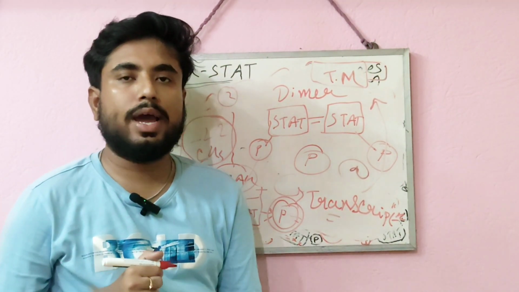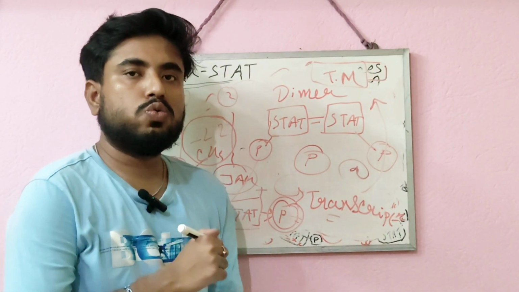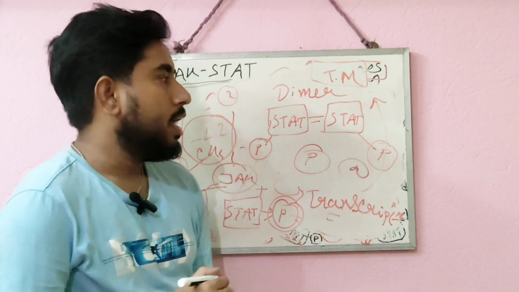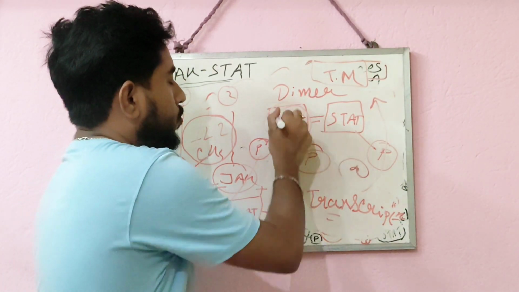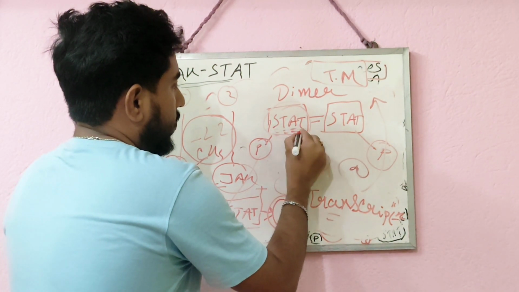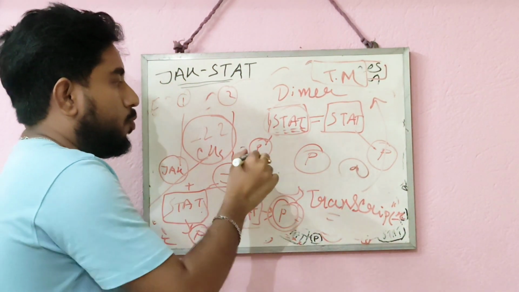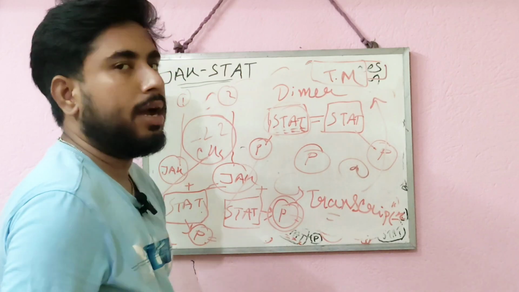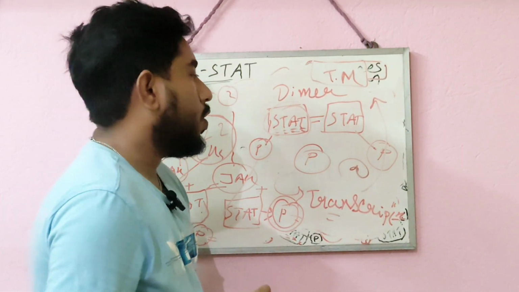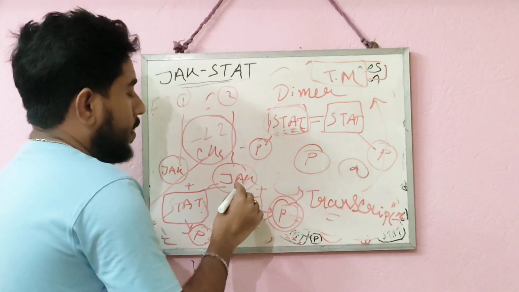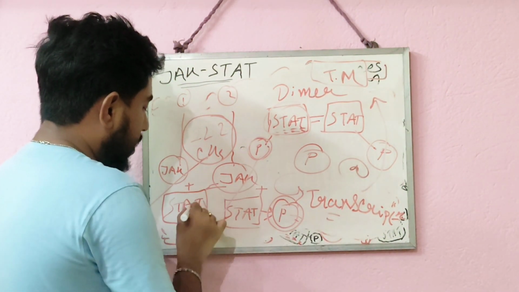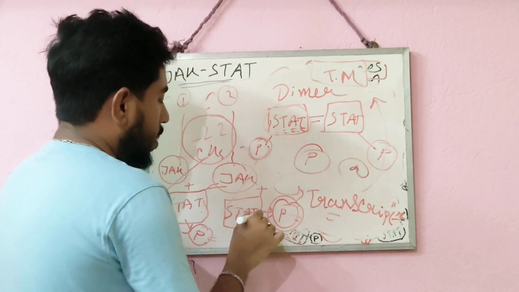When the JAK present in two nearby receptors is activated, they attract a Stat molecule or Stat protein, which stands for signal transduction and activation of transcription. That protein will come and bind with JAK. When JAK and Stat form a complex, they are activated, and then phosphorylation takes place, and phosphate will come and bind with the Jak-Stat complex.